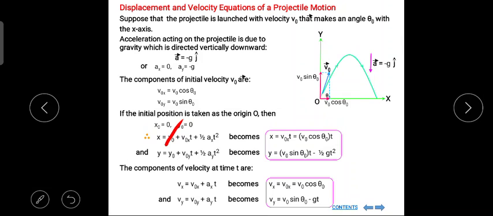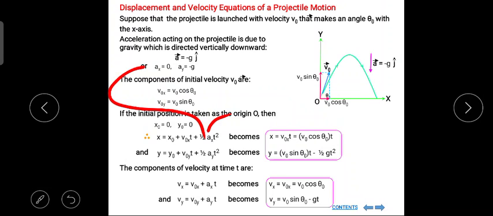So in short, I can write my displacement equation in terms of v naught x t, which will be equal to v naught cos theta t. Where is the acceleration going? This is 0, because this is the component of acceleration in the horizontal axis. The horizontal component of acceleration due to gravity is 0. That's why it is 0.